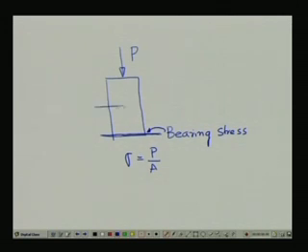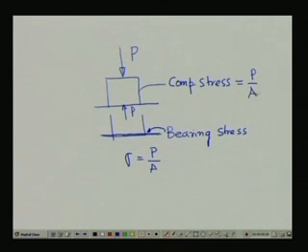Now, if we make a cut at any location here and take a free body diagram, we would find that this particular body again comes under a load P, and in that case the compressive stress is again defined as P by A. So this compressive stress has magnitude P by A, and this bearing stress also has magnitude P by A. Please note that bearing stress occurs only where contact takes place between two different machine elements, whereas compressive stress is an internal stress.